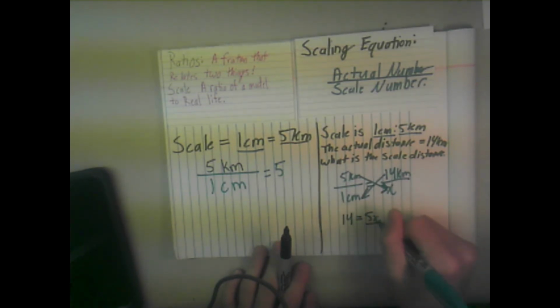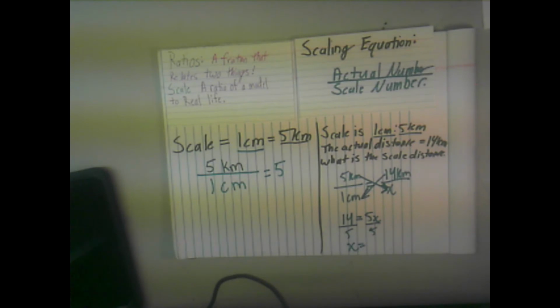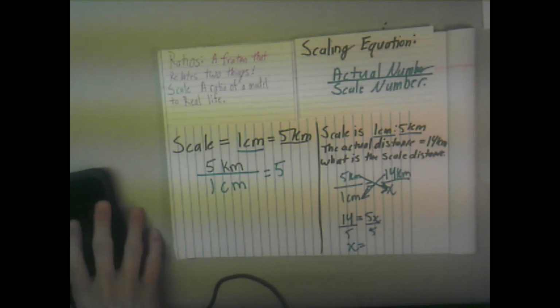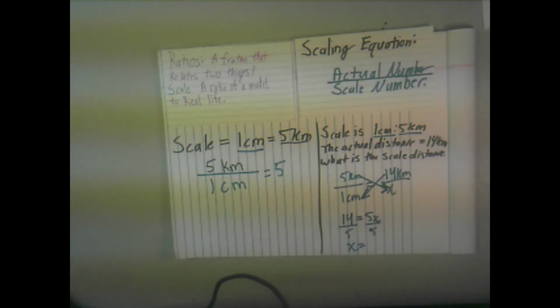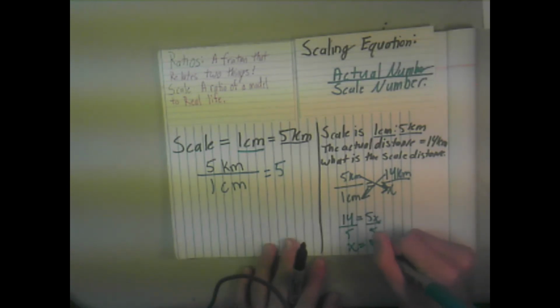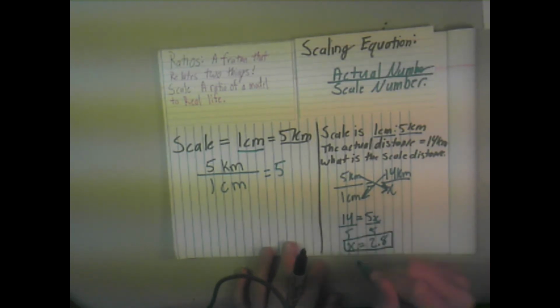Now if we divide both sides by 5, we'll get x is equal to what? I'll give you a second to get out your calculators and figure that out. Okay, you should get 2.8 as your answer.